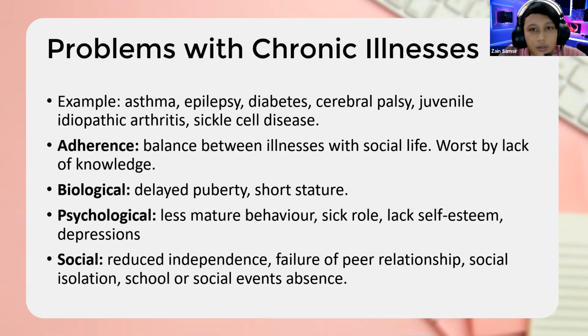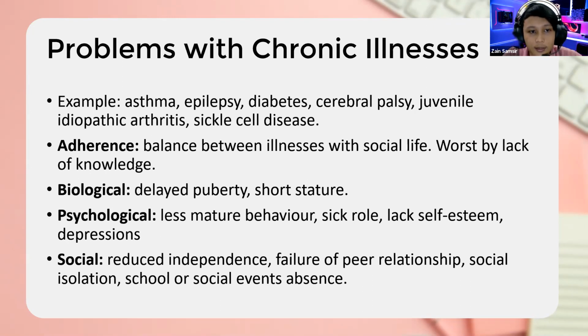So let us move on to problems with chronic illnesses. These are examples of chronic illnesses: asthma, epilepsy, diabetes mellitus, especially type 1 diabetes mellitus, and then cerebral palsy, JIA or juvenile idiopathic arthritis, and sickle cell disease. And their problems, according to the book, they list 4 causes, which are adherence, biological, psychological, as well as social problems.